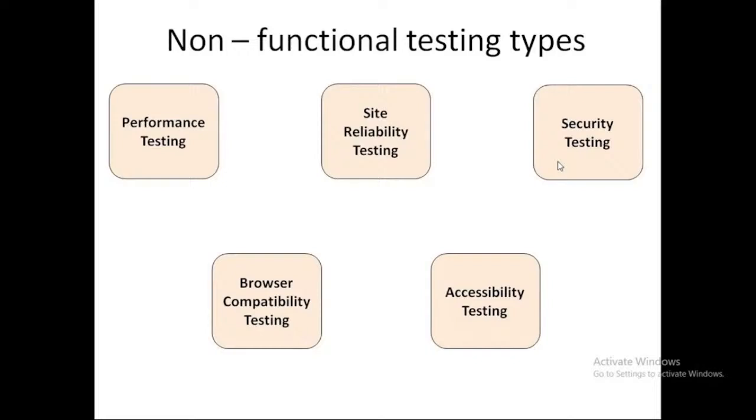If the functionality is working on one browser, functionality means the objective of that feature. Suppose I'm going to purchase any product on an e-commerce application, so purchasing the product is a functionality. But if all my images are visible clearly or they are overlapped and all those things, that is part of browser compatibility. Am I clear? Please correct me if I'm wrong. Yeah, got it. Okay, so the browser compatibility is part of non-functional testing actually.